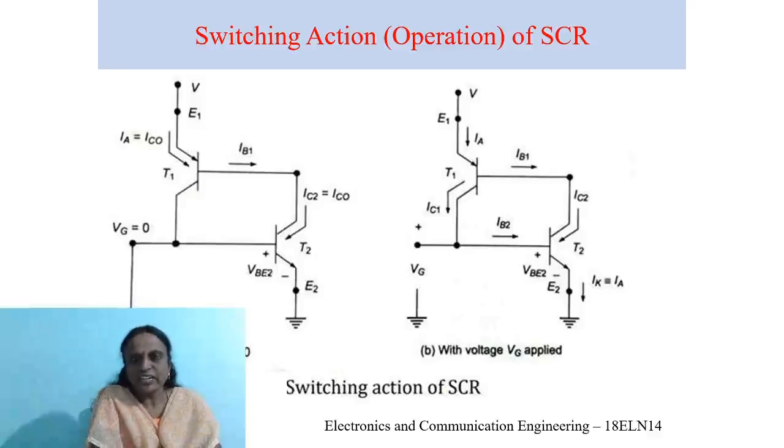And in the 2-transistor model discussed in the previous session, we have already seen how the 4-layer PNPN can be split up as an NPN transistor and a PNP transistor, and how the NPN is connected to the PNP to form the complete 2-transistor model of an SCR.